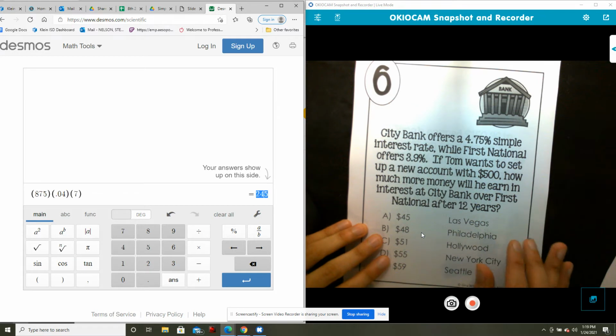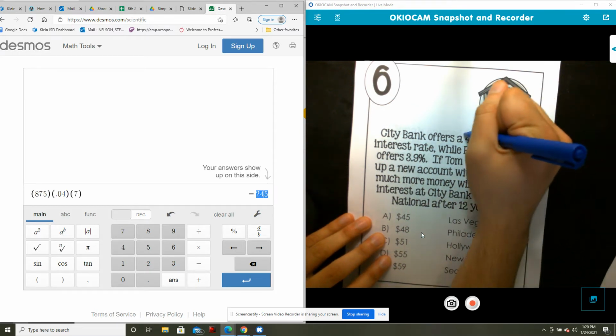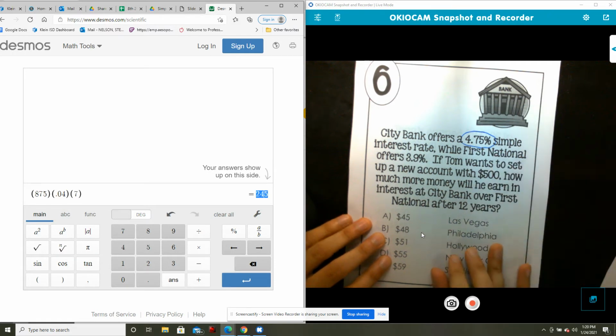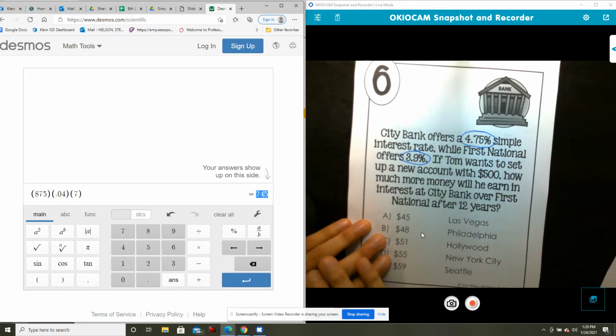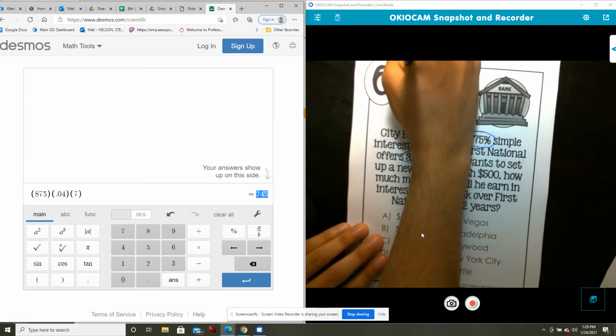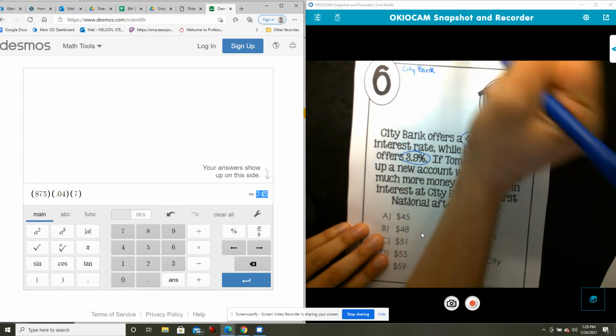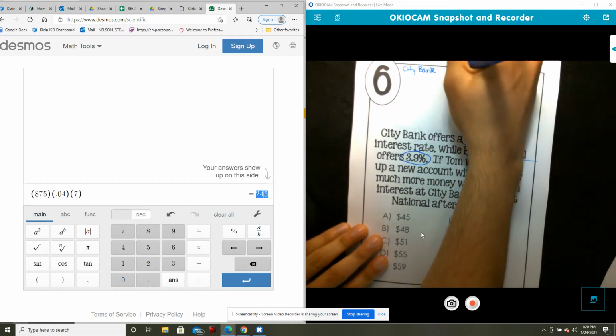All right, this one has, okay, Citibank offers 4.75% simple interest. We're going to have to convert that, while First National Bank offers 3.9. Okay, so we're going to be comparing 2 banks. So I'm going to go ahead and write up here Citibank. And then up here, I'm going to write First National.